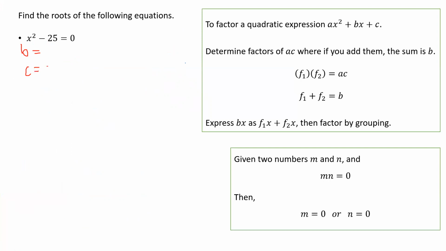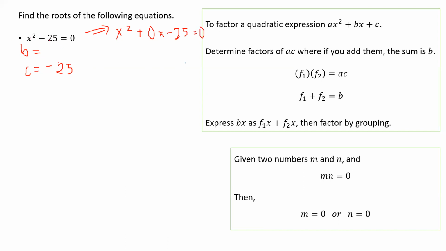But the b here, we don't have b, right? But remember, we can just rewrite this as x squared plus 0x minus 25 is equal to 0.